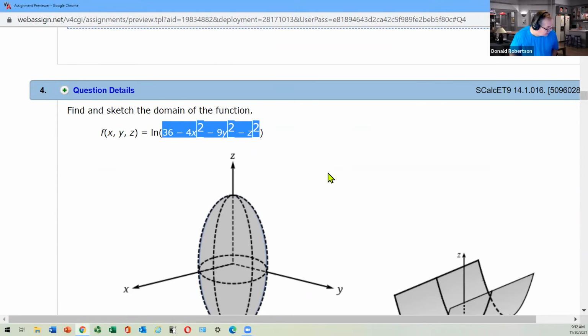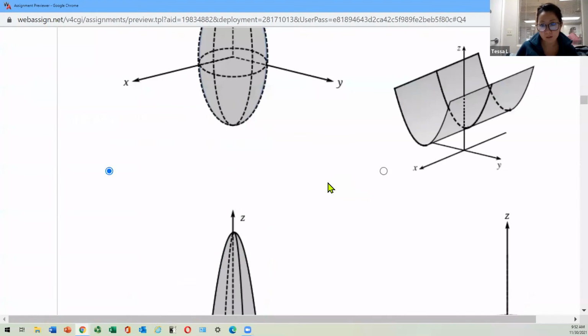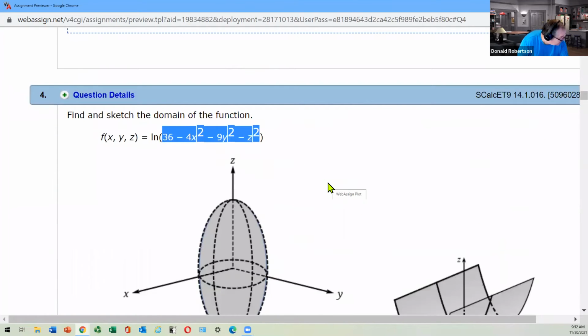Would you agree that that guy there has to be greater than 0 for a log function to work? Yeah. Right, so I'm writing that down. So 36 take away 4x squared, take away 9y squared, take away z squared has to be greater than 0. Let me rearrange that and then we'll look at what the visual of this would be.